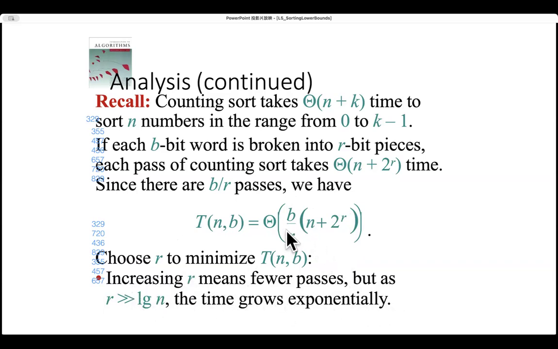This part only divides B by R, a linear reduction, but if you increase R, this part grows exponentially while that part decreases only by a factor of R. So supposedly, you don't want too big of an R. That's for sure.